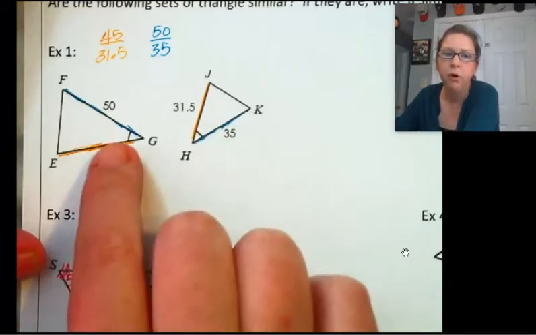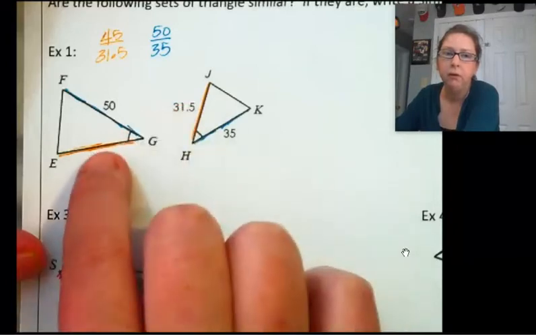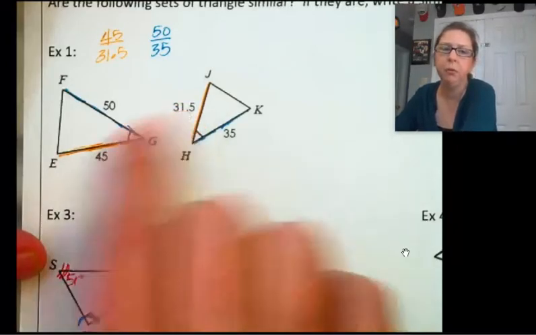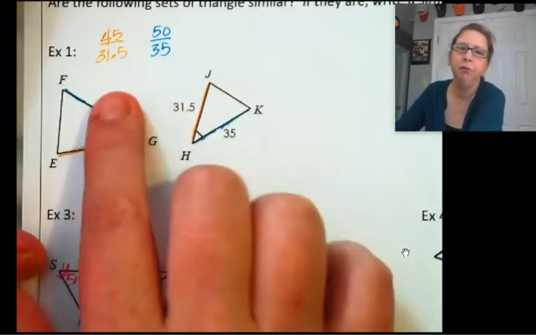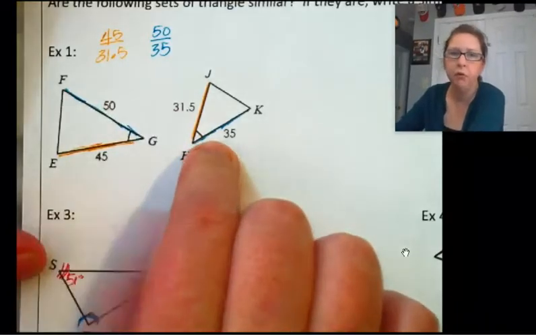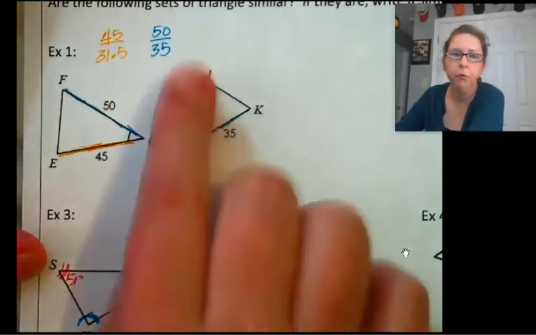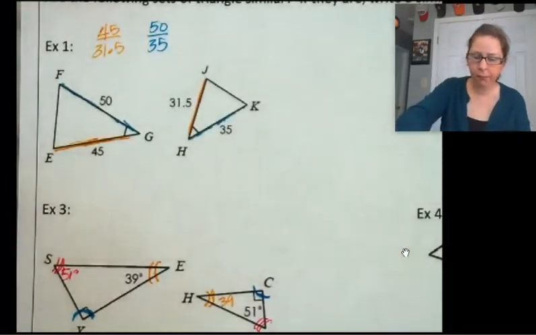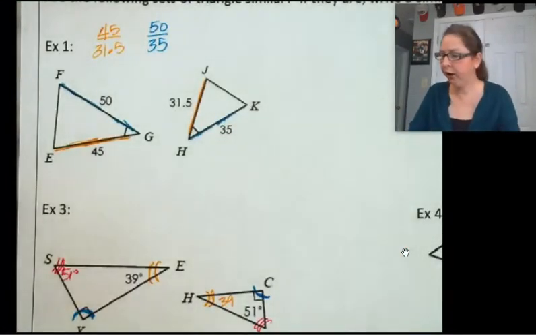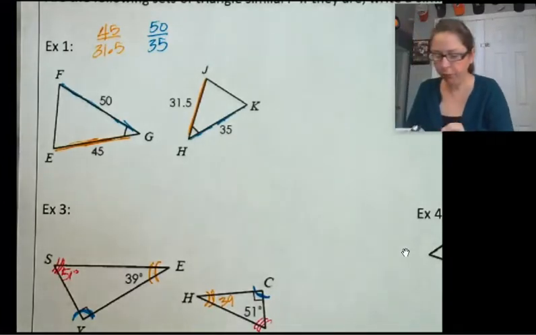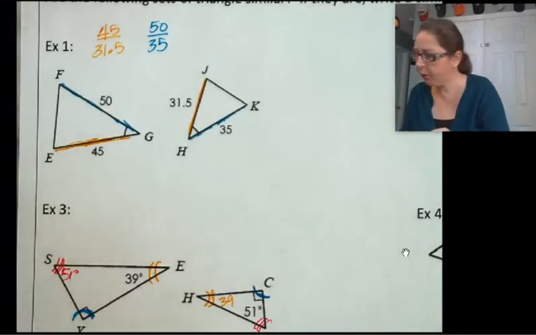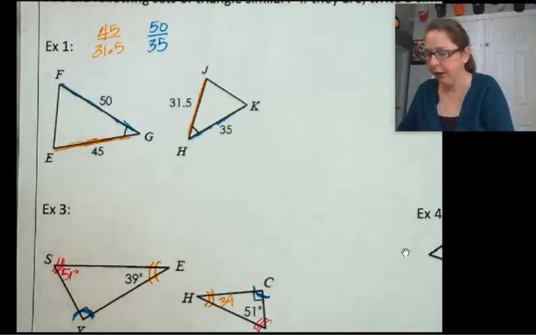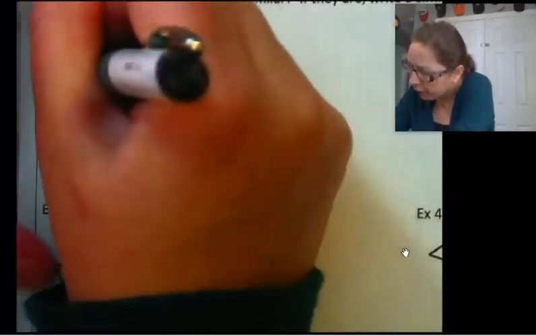So the 2 smaller side lengths, if they're going to be proportional, those are going to be the ones that work. And then 50 and 35 are the 2 larger numbers. So those go together, okay? So now, if I just check these in my calculator, 45 divided by 31.5 gives me 1.4.